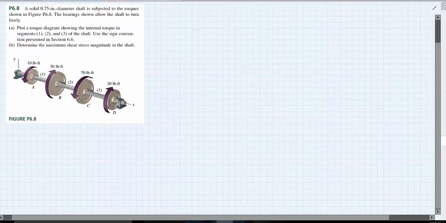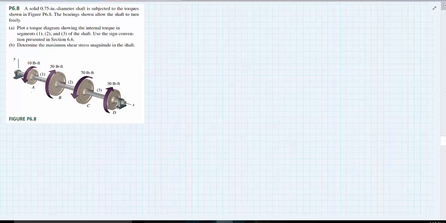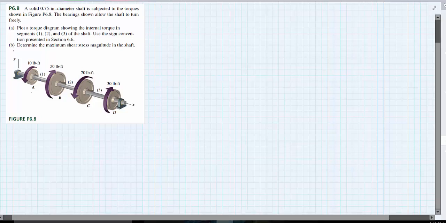So if we look at our diagram, right now it shows that this is y, and this is x.